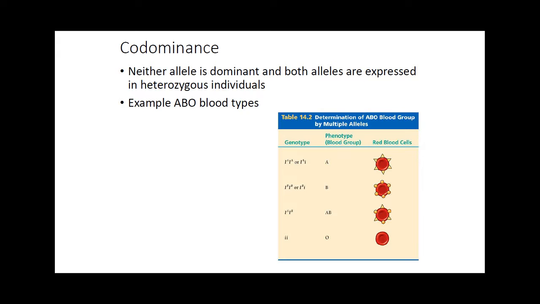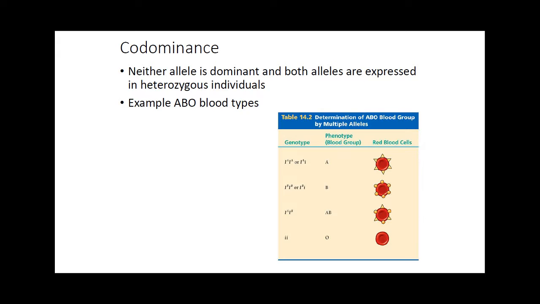Blood types are basically what allows blood to be compatible with its own blood type. If another blood type comes in, bad things happen.